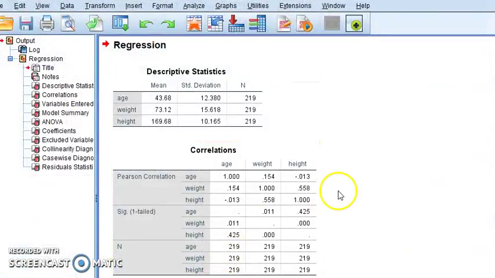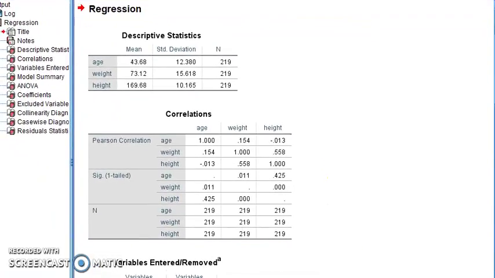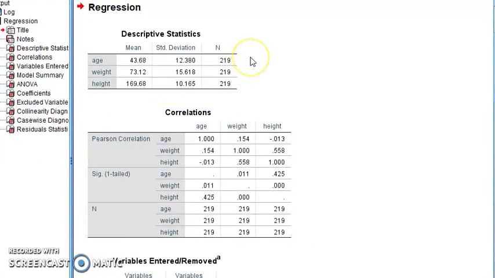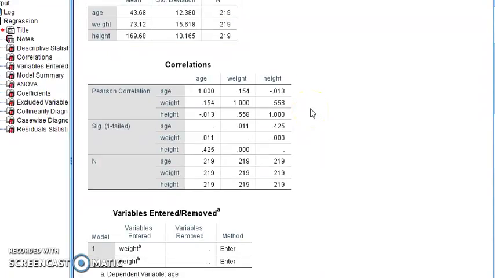So SPSS then produces this output. It starts off with our descriptive statistics, which gives our mean and standard deviation for the 3 variables we're interested in: age, weight, and height. Our correlations should be identical to the correlations we got in the first and second part of this part of the project.